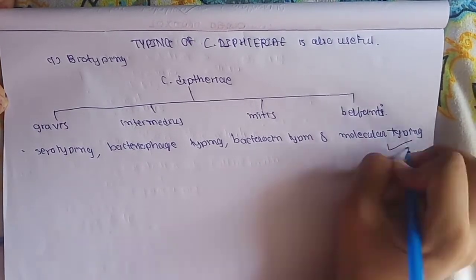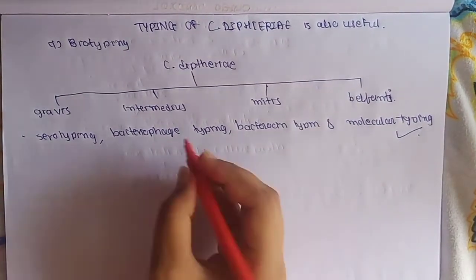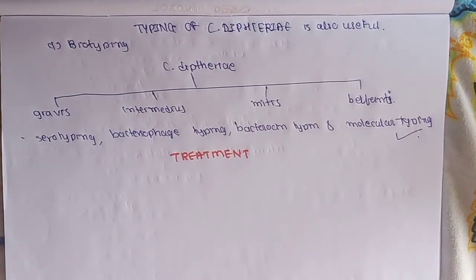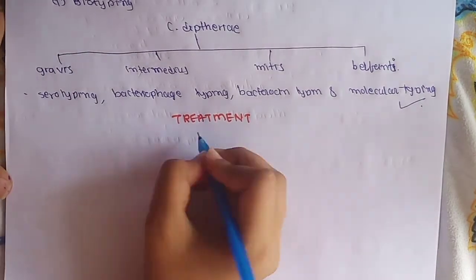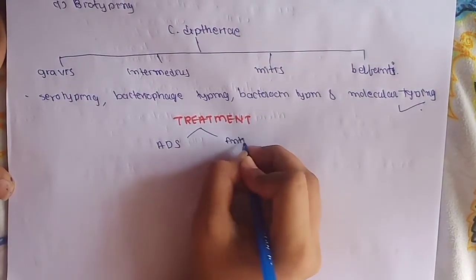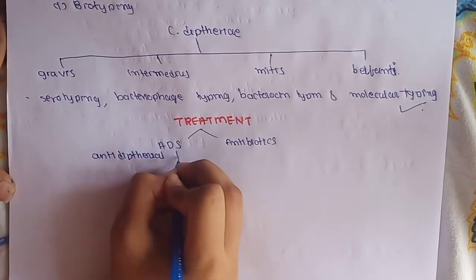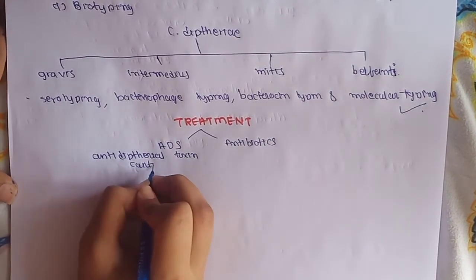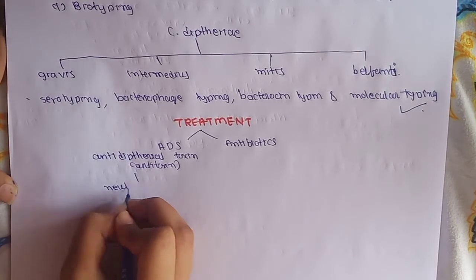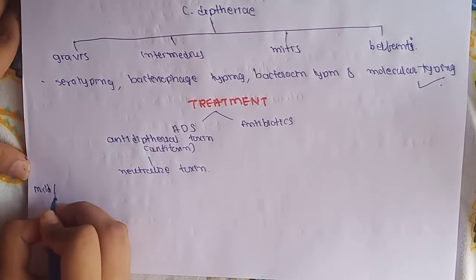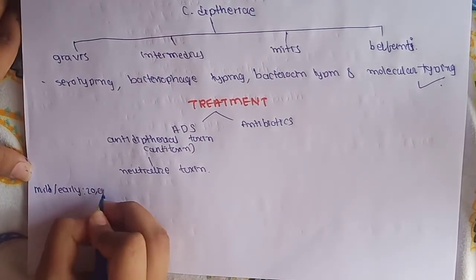Now let's talk about the treatment. Treatment should be started immediately, and we give two treatments. First is ADS and second is antibiotic. Antidiphtheritic serum or antitoxin is passive immunization with antidiphtheritic horse serum, and it is the treatment of choice as it neutralizes the toxin.